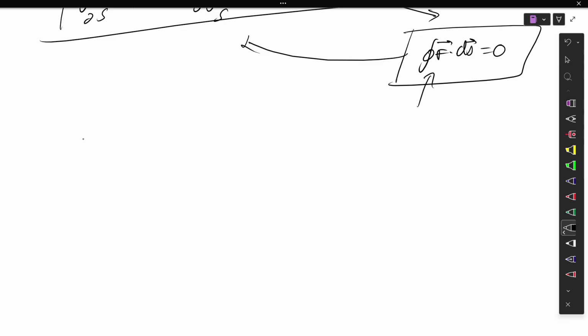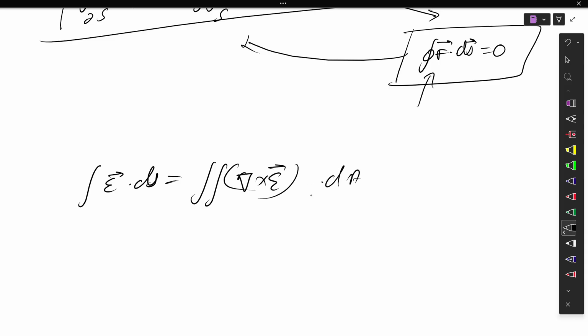By Stokes' theorem, if I am integrating the electric field, then the line integral of E dot dr is equivalent to the double integral of the curl of E dot dA over the surface S bounded by the loop. This is Stokes' theorem.